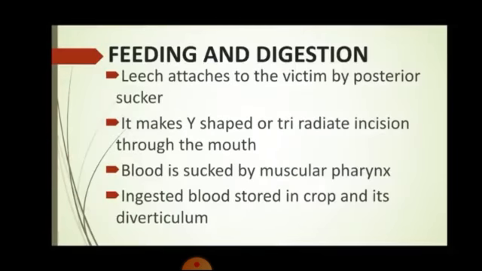Now, at last, we'll see about feeding and digestion. Leeches have one of the slowest moving digestive systems. The leech feeds by sucking the blood of other animals. During that time, they attach themselves to the host by the posterior sucker. Then the blood is sucked through the mouth by making a triradiate or Y-shaped incision in the skin of the host.